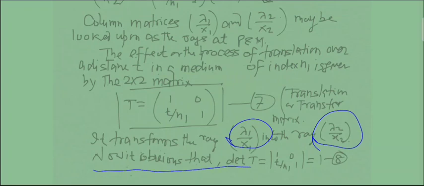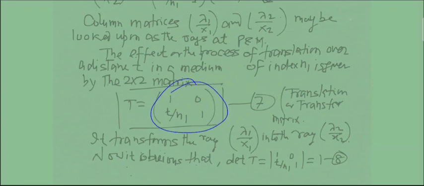Now it is obvious that the determinant of this will be equal to 1. How do we find the determinant of a matrix? Suppose this is the matrix you have: 1, 0, t by n1, and 1.